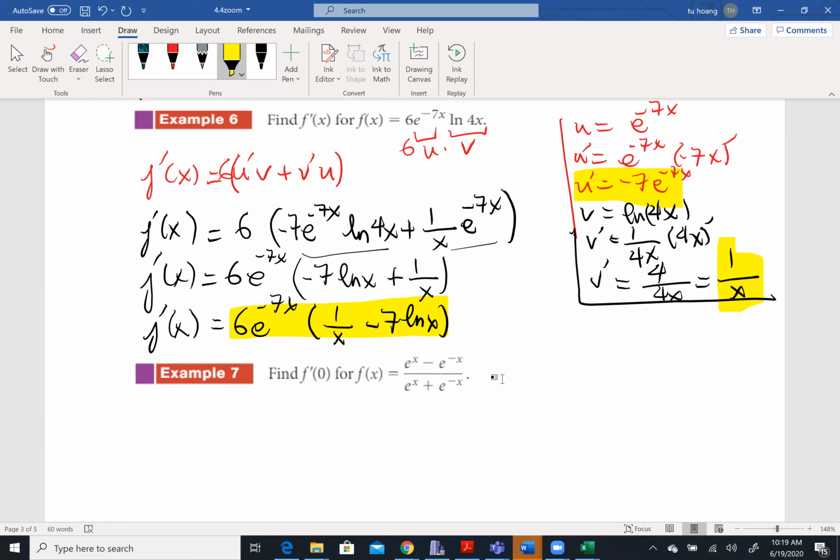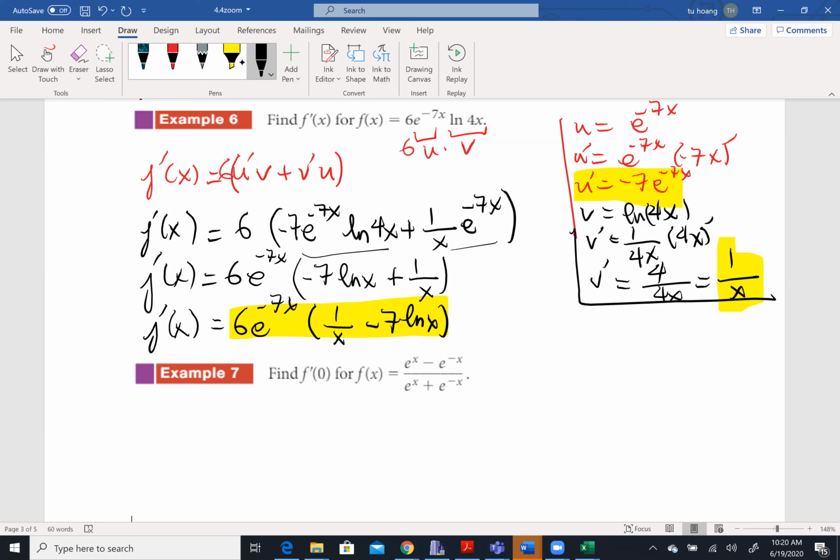Now how about the combination between quotient rule and the chain rule for natural exponential function. So example 7 is giving you m(x) equal to e^x minus e to the negative x over e^x plus e to the negative x.